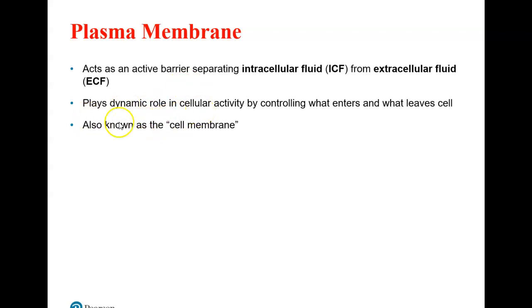So this semi-permeable membrane plays a role in the cell activity by controlling what comes in and out. But this membrane is in constant flux. It's also known as a fluid mosaic because the membrane proteins found within the cell membrane are constantly moving.